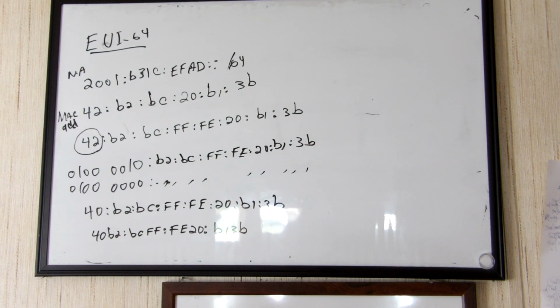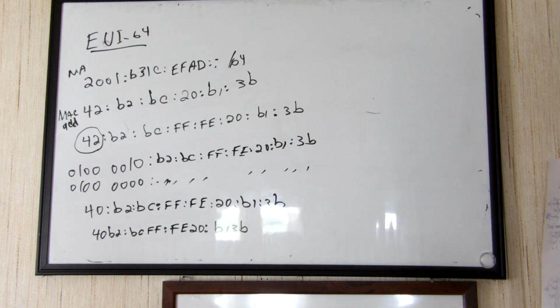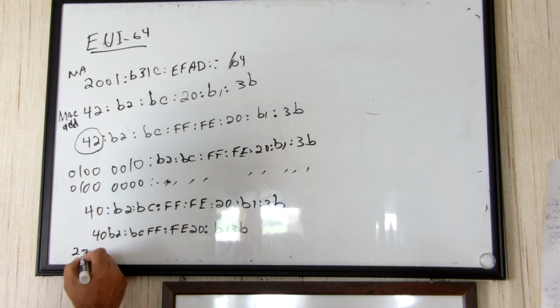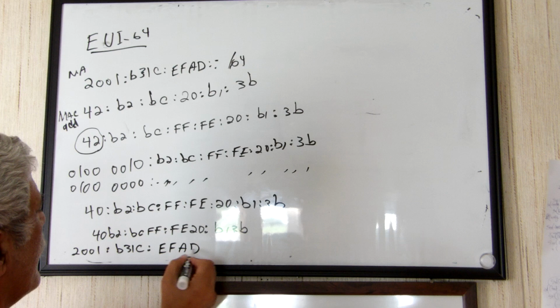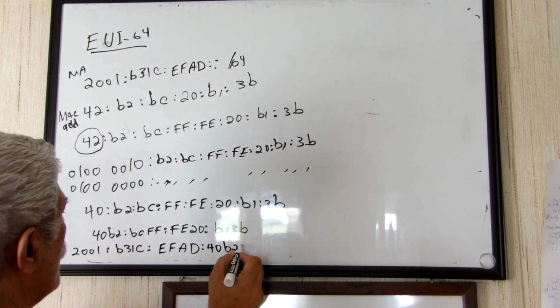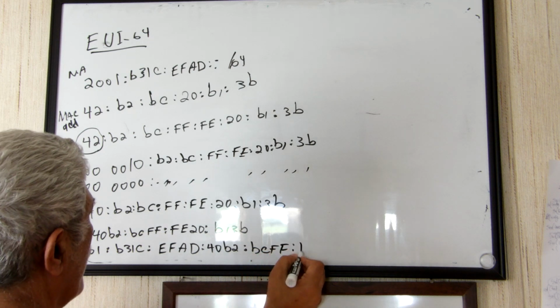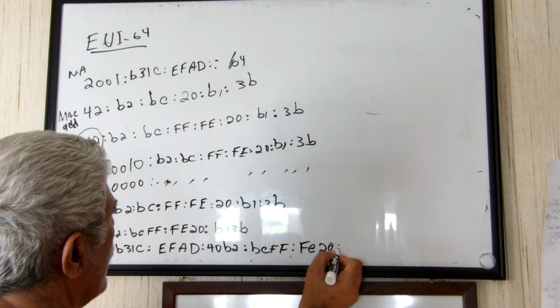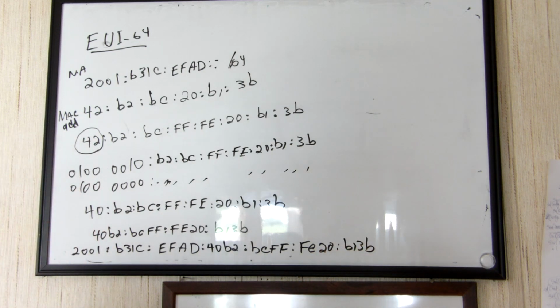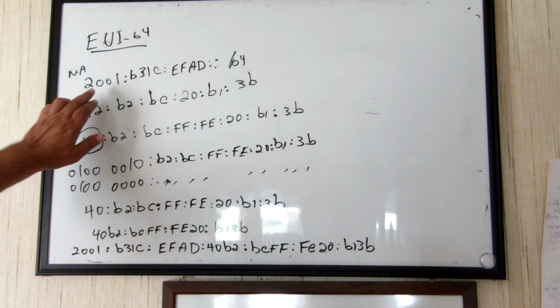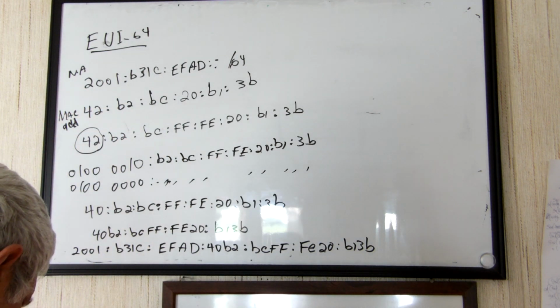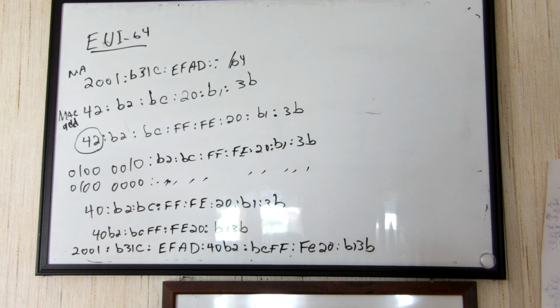Did you get what I tried to say? We write it here: 2001, B31C, EFAD, and then the rest here: 40B2, BCFF, FE20, B13B.